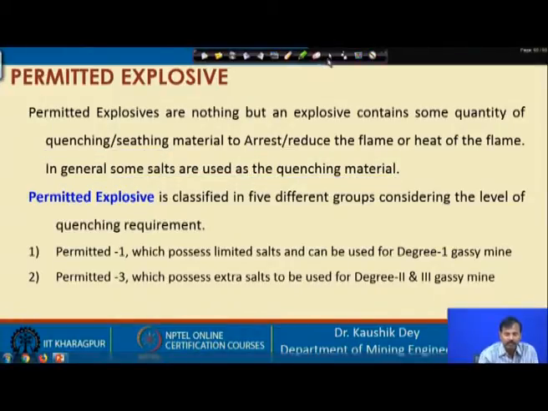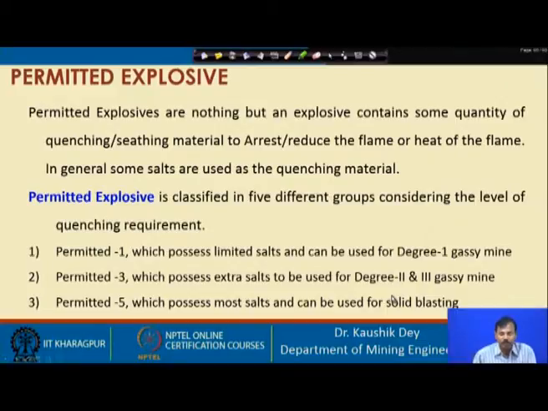based on this there are basically 5 classifications of permitted explosives. First let us discuss permitted 1, 3 and 5, we will discuss 2 and 4 later on. The permitted 1 possesses limited salts, basically salts are the common material used as a quenching or seething material, and can be used for degree 1 gassy mines.